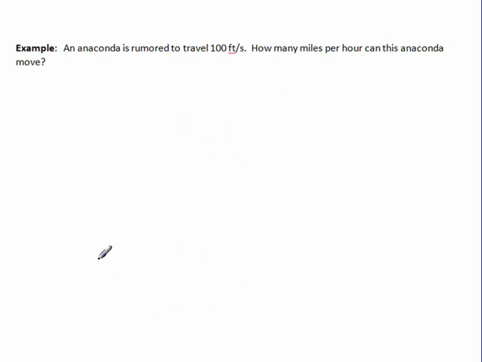Okay? So now, an anaconda is rumored to travel 100 feet per second. How many miles per hour can the anaconda move? So we already know how fast it moves. And now the question is, instead of feet per second, we want it in miles per hour. So I can say 100 feet per second.